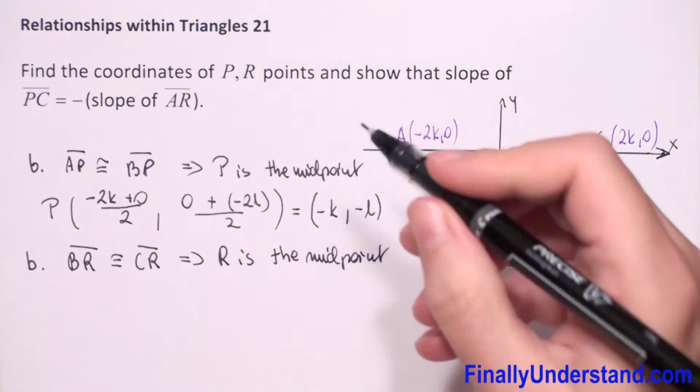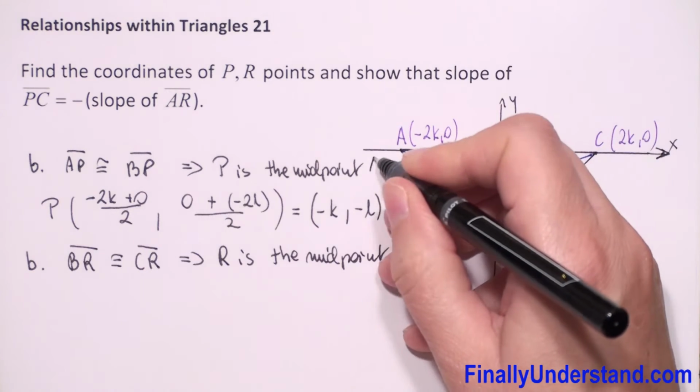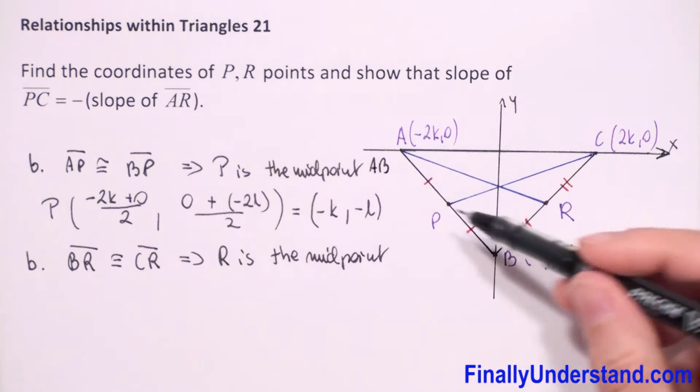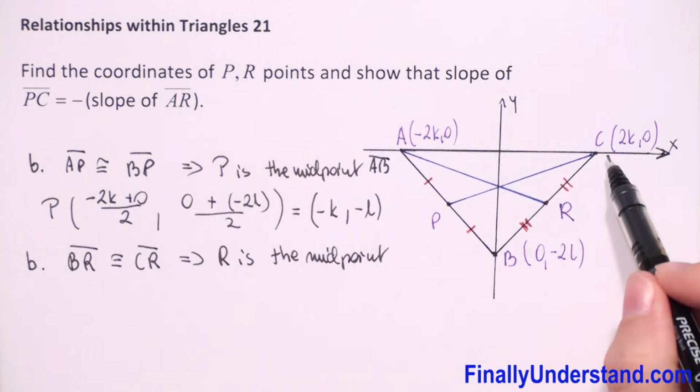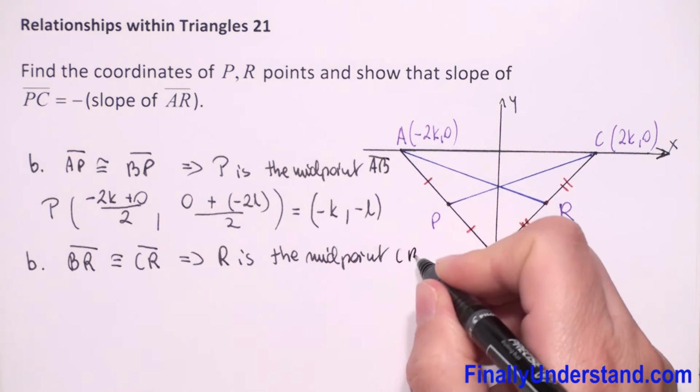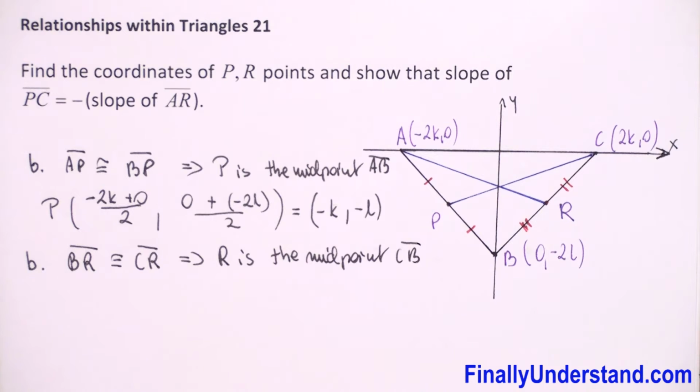P is the midpoint of AB segment, and R is the midpoint of CB segment. So we will use the same formula.